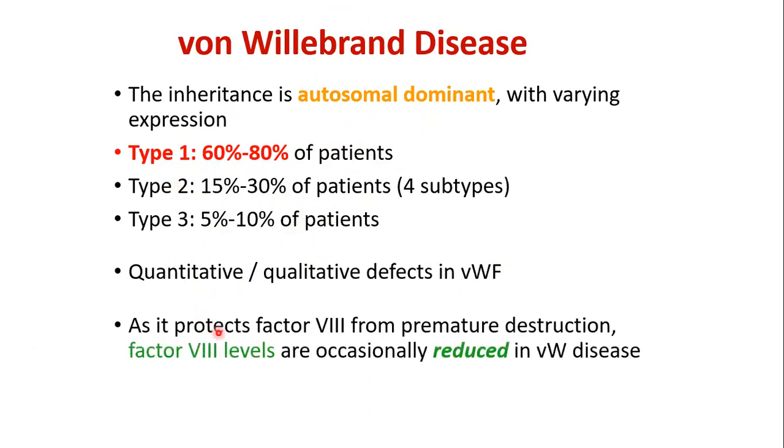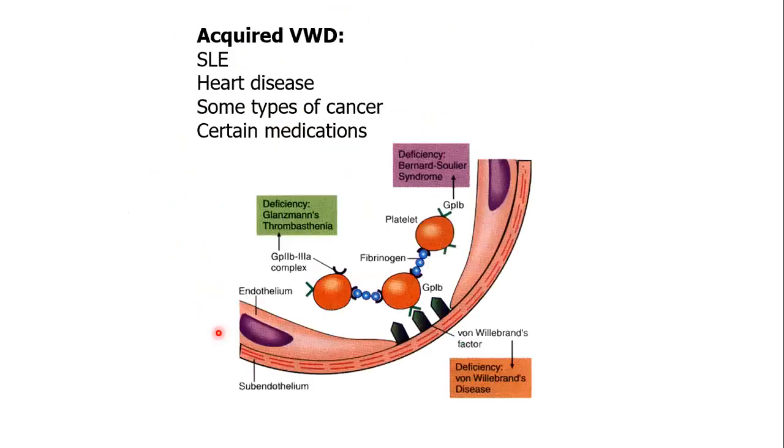As it protects factor 8 from premature destruction, factor 8 levels are occasionally reduced in von Willebrand disease. Acquired disorders where you see deficiency of von Willebrand factor include SLE, heart diseases, some types of cancers, and certain medications. So you can see the von Willebrand factor is important for attachment of factor 8 and platelet function.